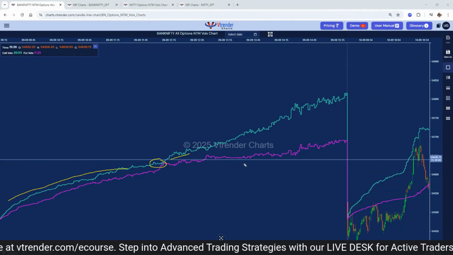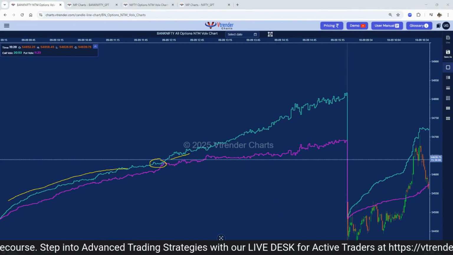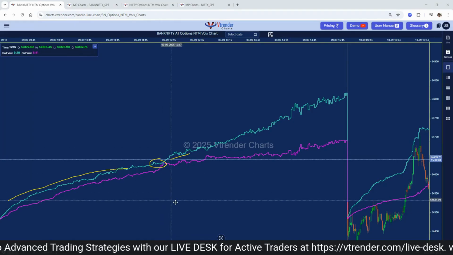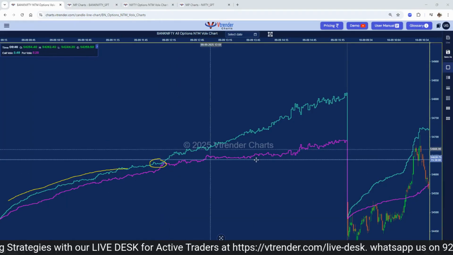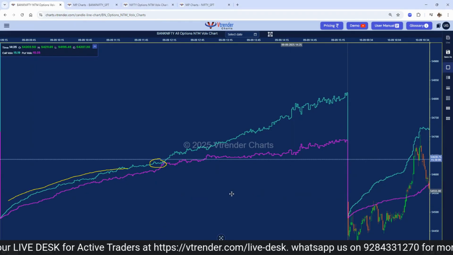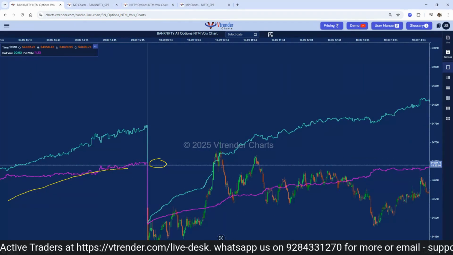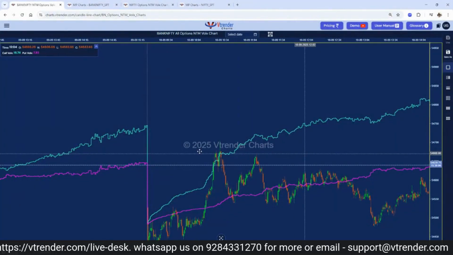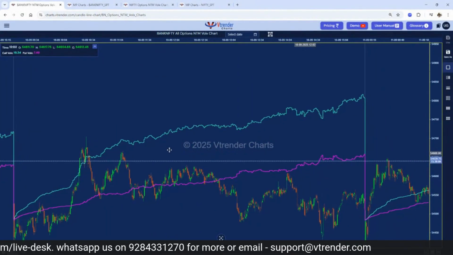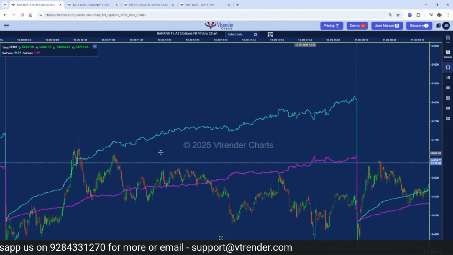So you can see how it has been always telling us that Bank Nifty is now looking good for upside. And today again, right from the open, sorry, this is yesterday's.